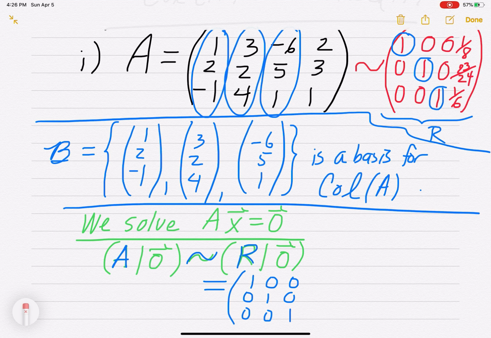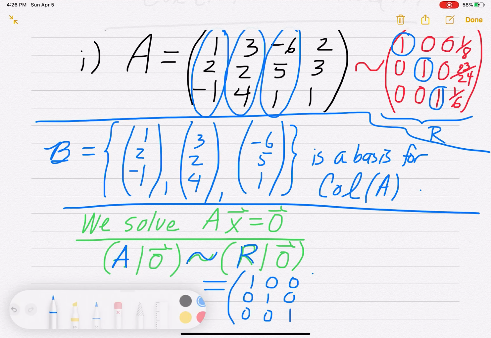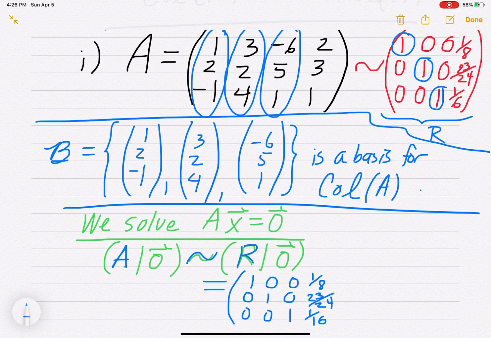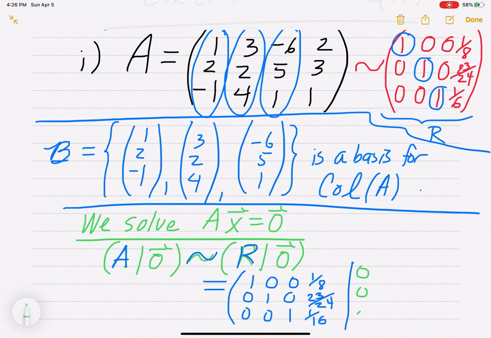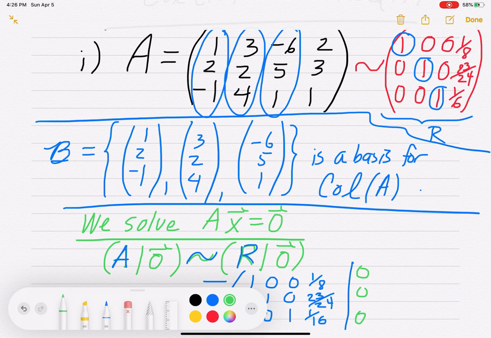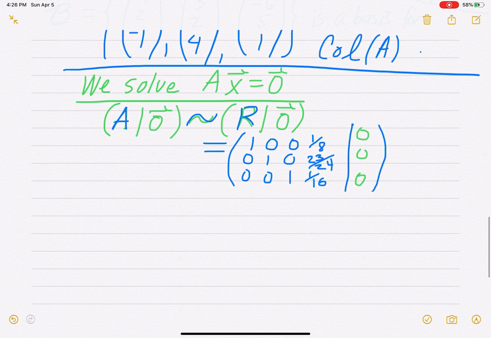Here we go. 1/8, 23 over 24. Right, this is still part of the row reduced form. 1/6. And now we augment it with the 0 vector here on the side. Okay, good. So now we have to solve this.